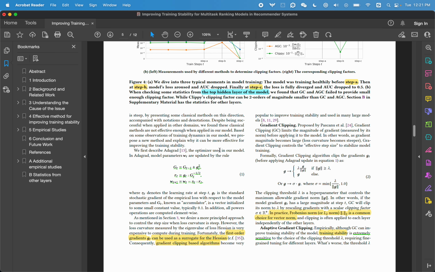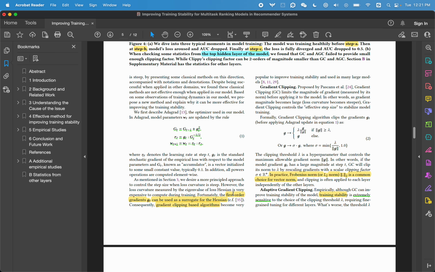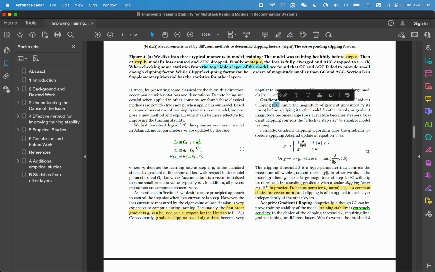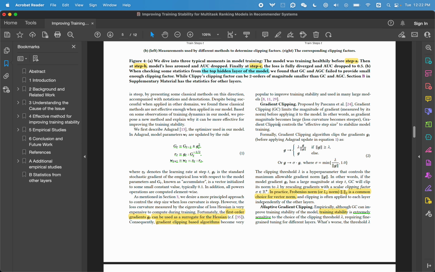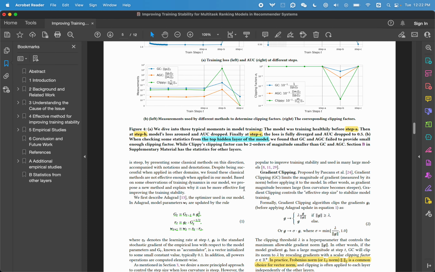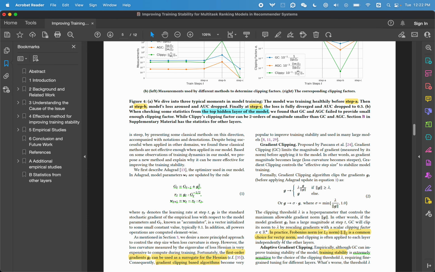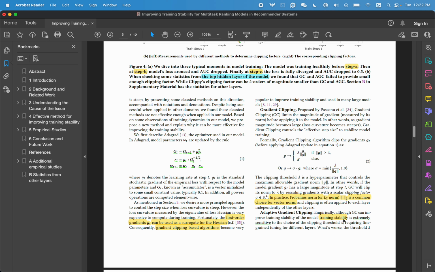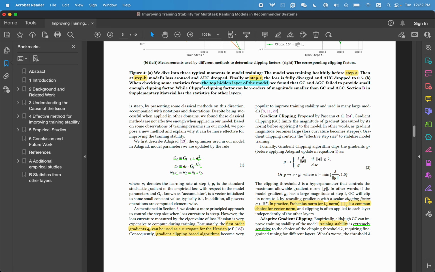So this is basically the optimizer. It defines two ways to mitigate the loss divergence problem. One of them is gradient clipping, GC for short, so whenever it mentions GC, it's gradient clipping. The other is adaptive gradient clipping. What gradient clipping and adaptive gradient clipping do is scale down the gradient before the optimizer.